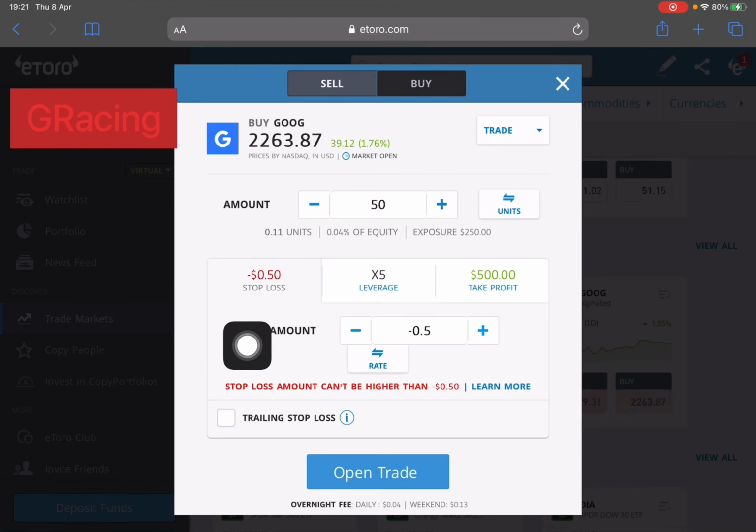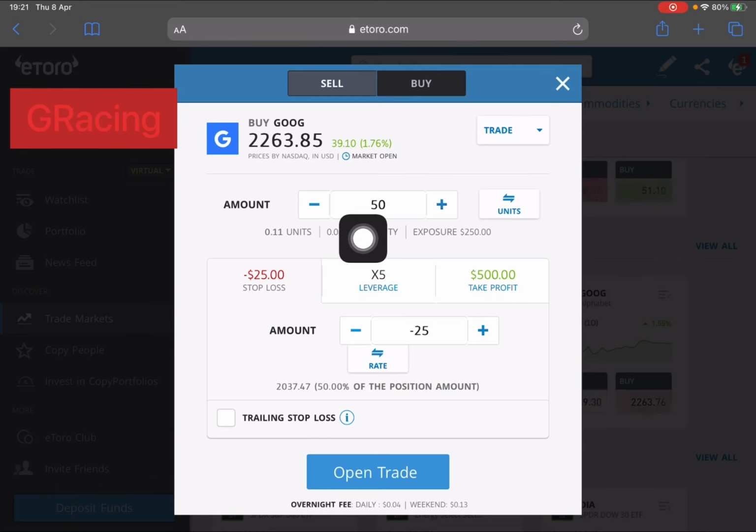For example, you set this on 25, which is 50% of 50. So if the system knows that you are already losing 25, automatically this trade will be closed and you lost already 25 USD and you will be left with 25 USD only.